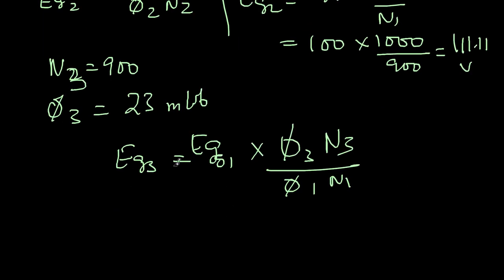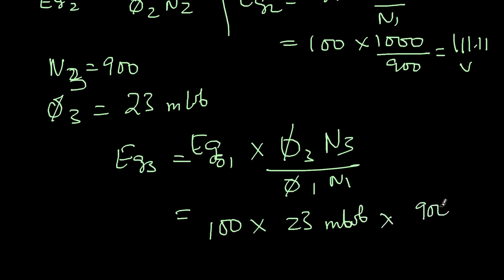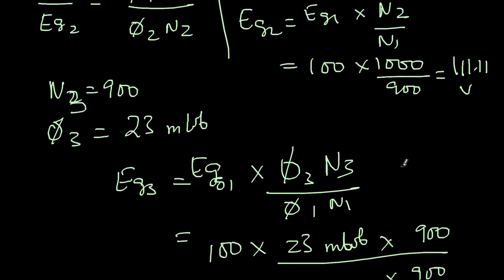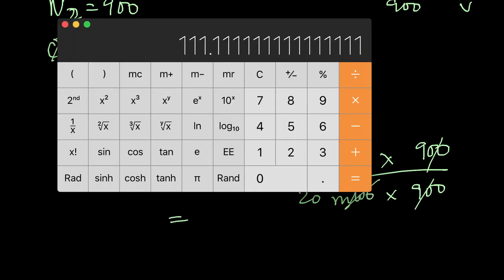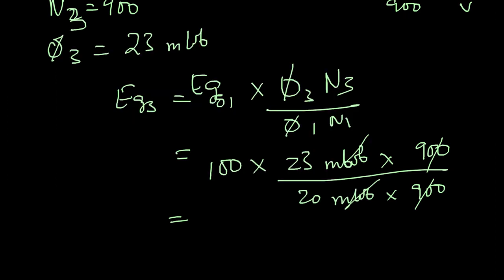So Eg1 was 100 and flux is now 23 milliwebers and speed is same 900. So again 900 speed and the original flux was 20 milliwebers. So the milliwebers will cancel, speed will cancel. So my answer will be 100 multiplied by 23 divided by 20. So it will be 115 volts.